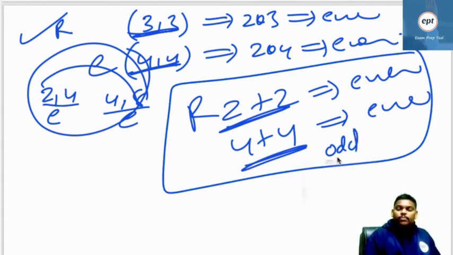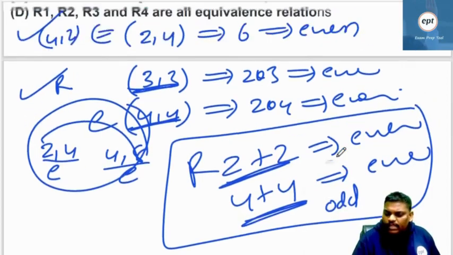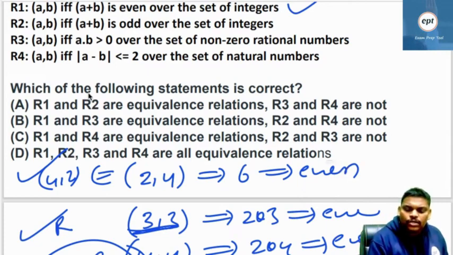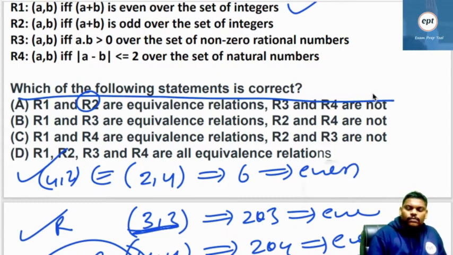If you take the same person, odd has no chance. So the second one is not satisfying reflexivity. Whenever reflexivity is gone, where is the chance of an equivalence relation? So R2 is gone. R2 is not an equivalence relation. Right?